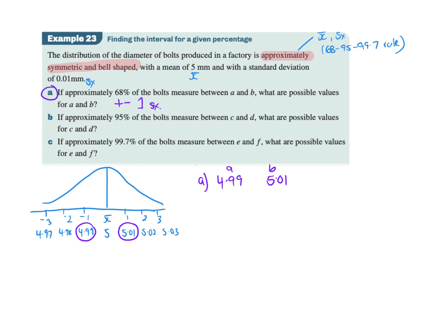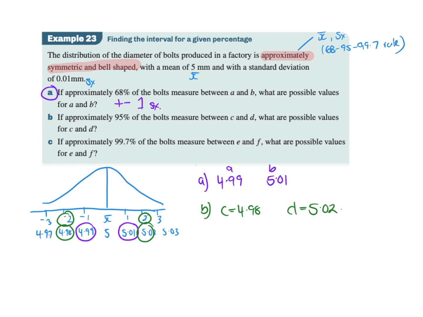There we go. Now, if we look at B, it says 95% of the bolts lie between C and D. How many standard deviations is the 95 one? 2. So we'll go up here. Here's 2 and 2. So C is going to equal the lower one, 4.98, and D will be the higher one, 5.02.